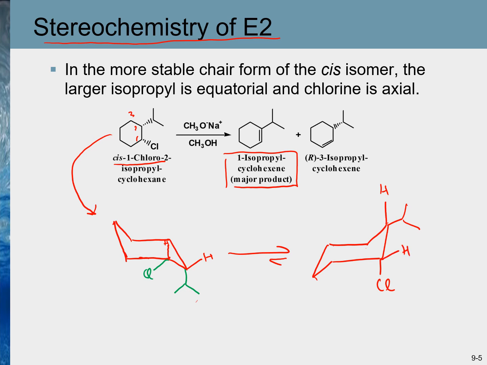So in this more stable chair conformation, you will see that the chloro group and the hydrogen, or the proton, they occupy the anti-coplanar orientation.